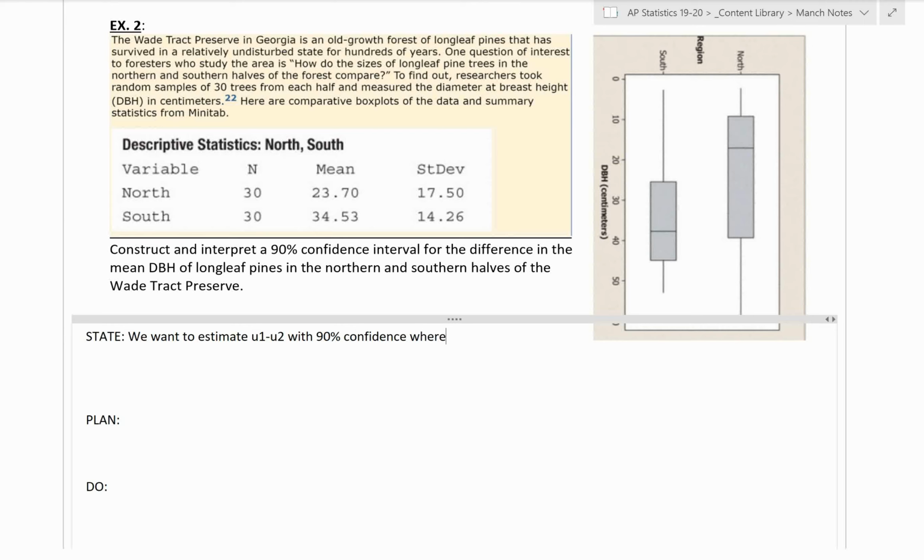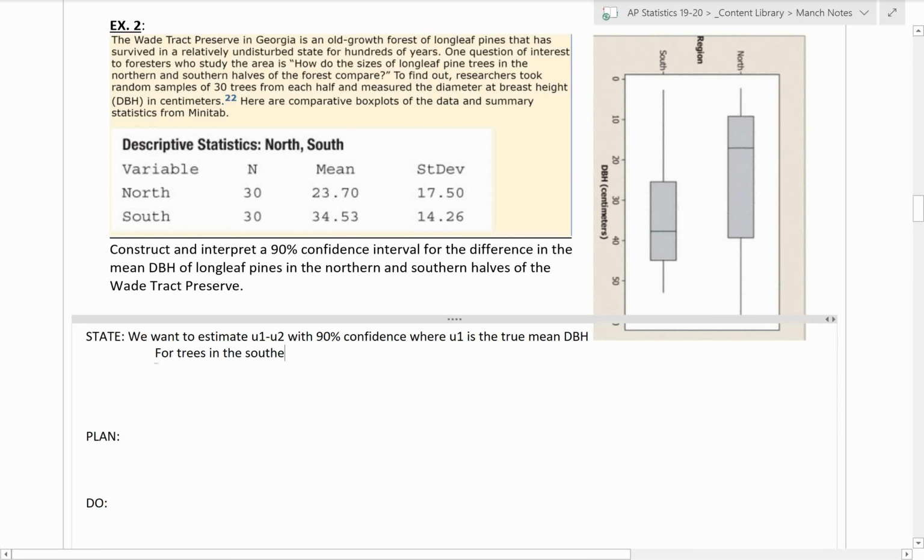And we can go ahead and define our variables here, where mu1 is the true mean dBH for trees in the southern half of the tract of the preserve.